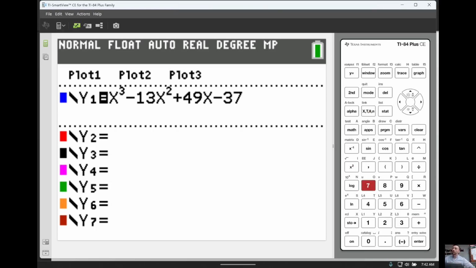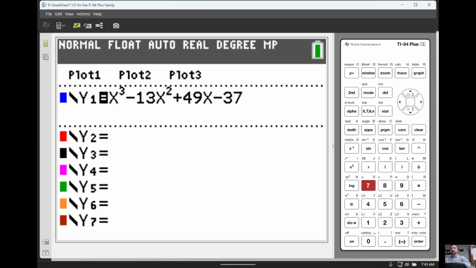So since I know what the zeros were supposed to be, the zeros were 1, 6 minus i, and 6 plus i. You need to remember that imaginary zeros do not show up as x-intercepts. Only real zeros show up as x-intercepts. So I'm about to hit graph on this, and because it has 3 solutions, that's what the fundamental theorem of algebra tells us, that there's 3 zeros to this, but it doesn't tell us how many of them are real zeros.